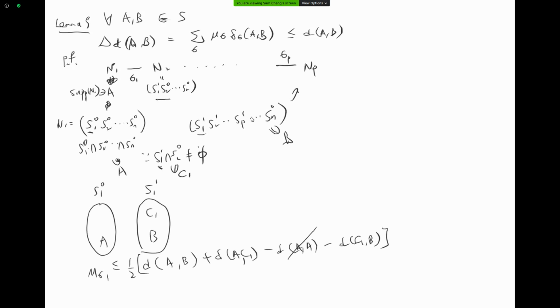Now let's consider the next, S20 and S21, and the split sigma 2.